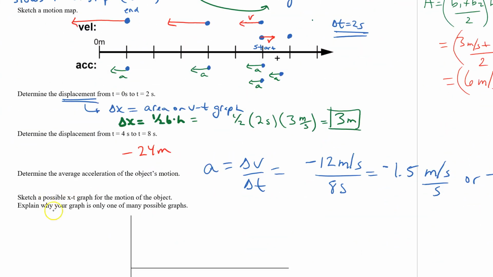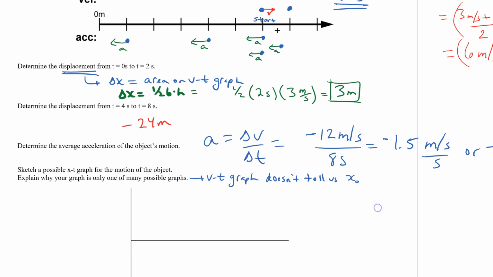So explain why your graph, let's do that one first. We'll say a VT graph doesn't tell us starting position. Starting position, x naught, x0.